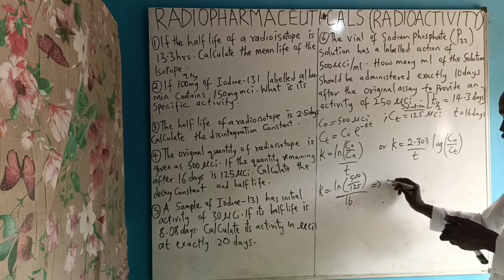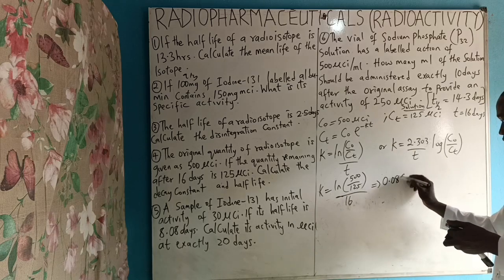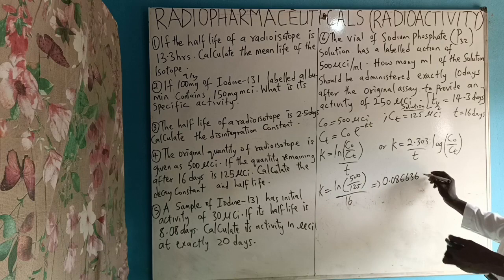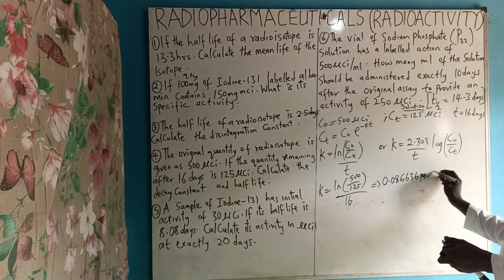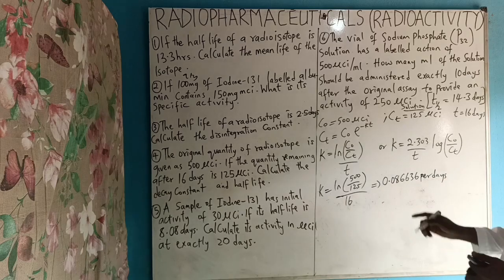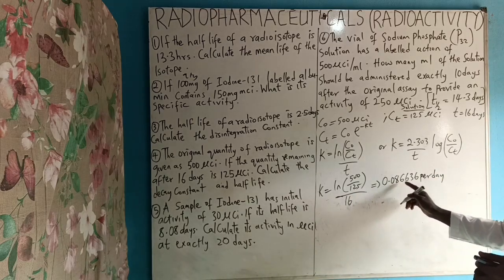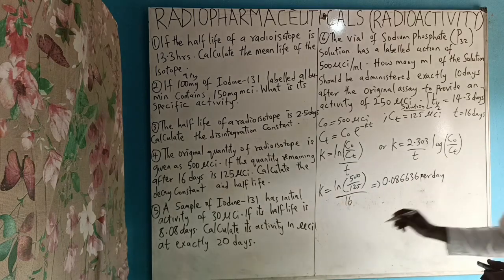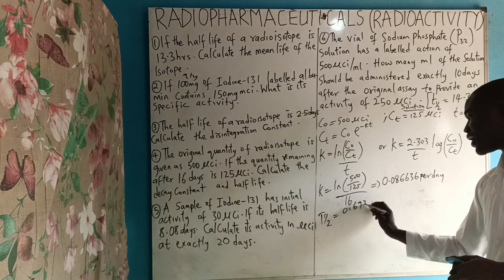It will give you 0.086636 per day. So what we now have here is K is 0.086636 per day.